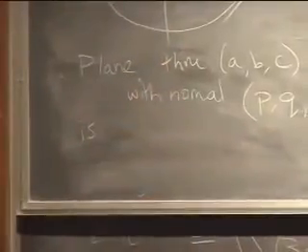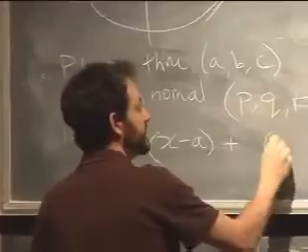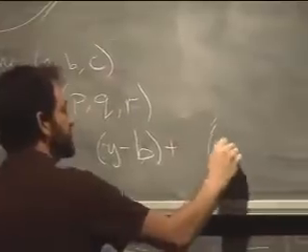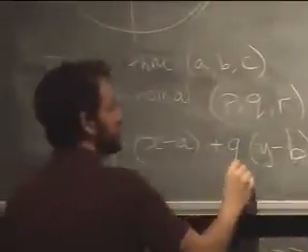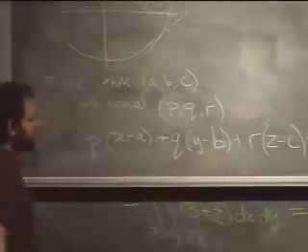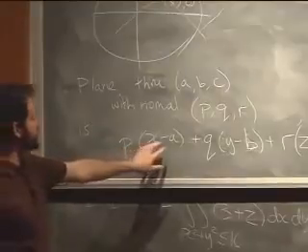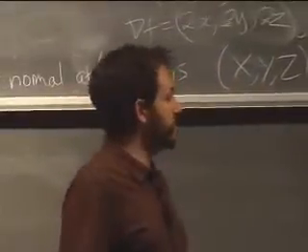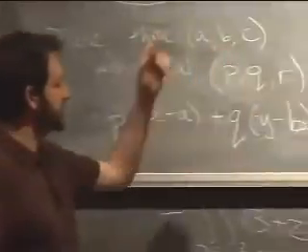Well, it's going to have to be something times x minus a, plus something times y minus b, plus something times z minus c equals 0. And that something happens to be p, q, r. Really useful to know that. It just comes from the dot product, of course. But you can tell, as a sanity check, it certainly goes through A, B, C, right? You plug in A, comma, B, comma, C, and you get 0, 0, 0. And the normal is in the direction of P, Q, R, just by taking the gradient of it. Call this G, and then grad G is P, Q, R.